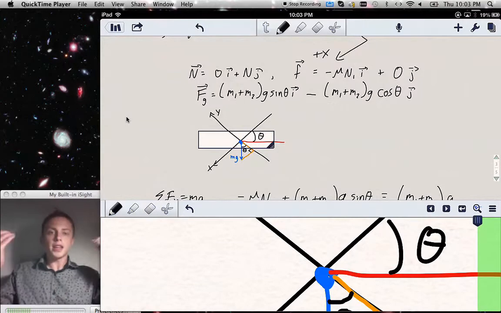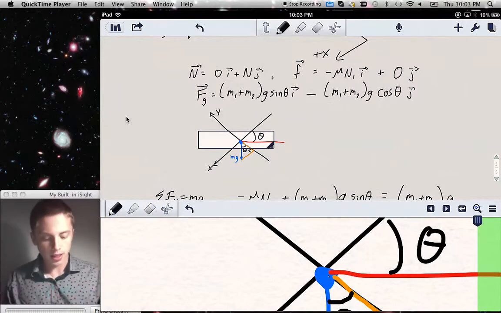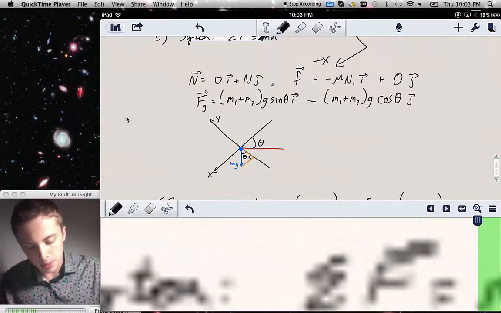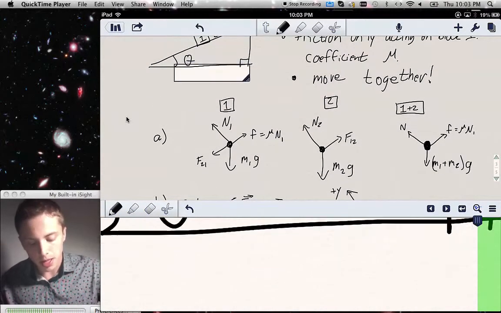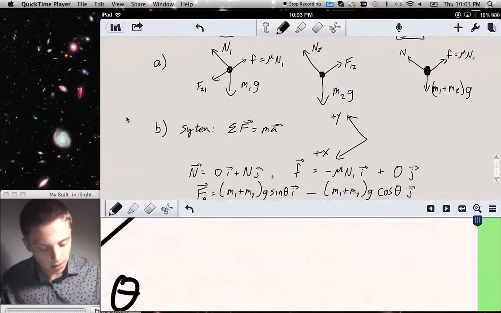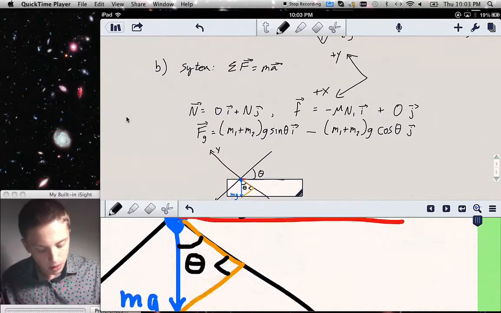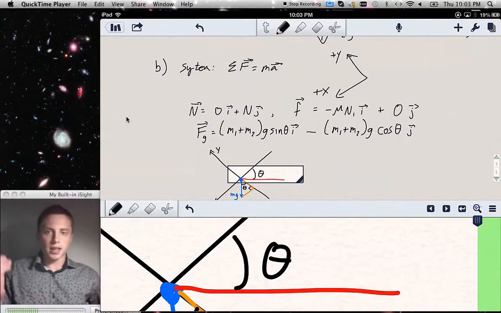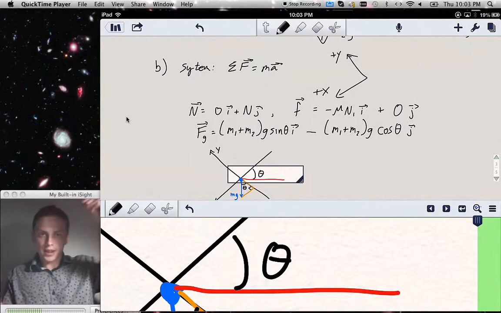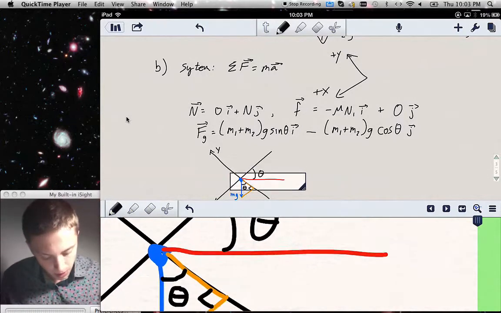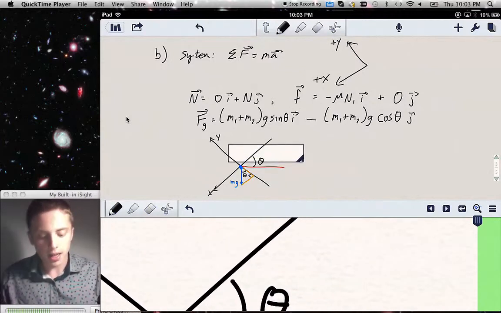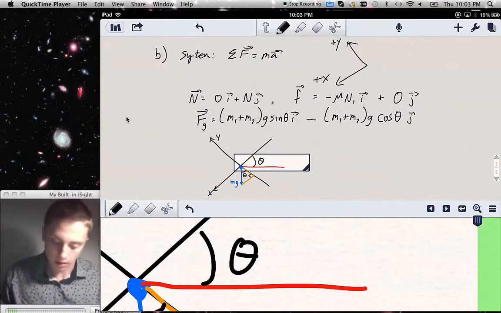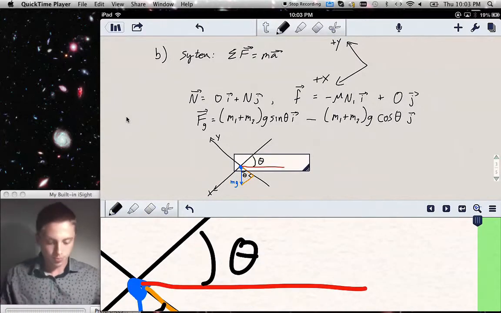Next, we draw any given angles. The one angle we are given in this problem is the angle theta between the horizontal, the ground, and the incline. We've defined these axes, so the x-axis is up at an angle of theta. From the horizontal, which is this red line, to the x-axis, there's an angle theta.